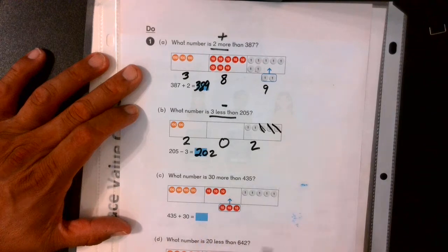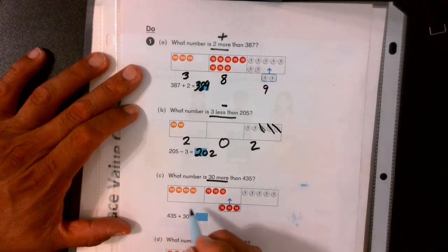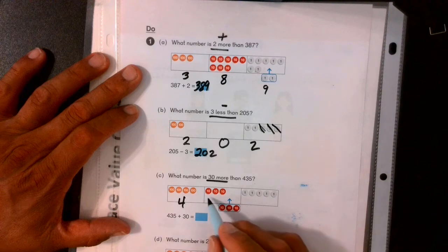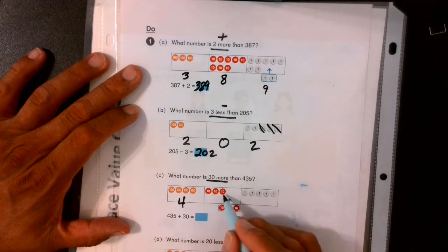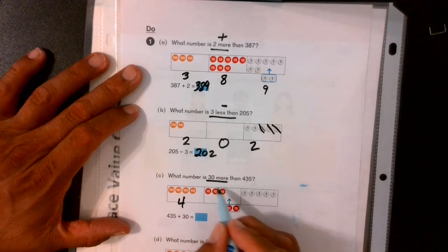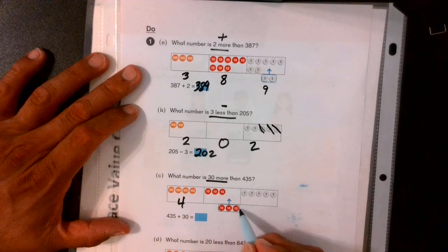Let's go to the next one. What number is 30 more than 435? I got 400 disc here, 100 disc here. I have 3, which we started out, 3 10 disc, and 5 ones. But what are we changing? We are changing what? The tens. So I'm adding 3 more 10 disc. 1, 2, 3. That equals 30.